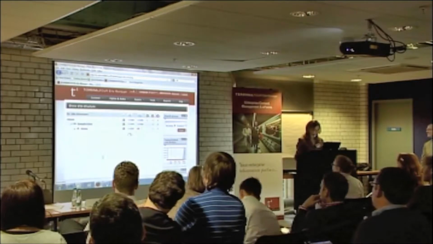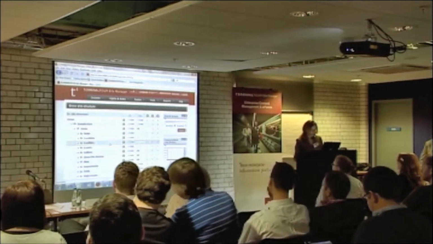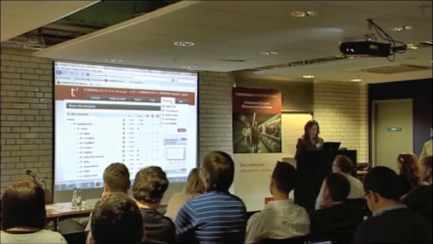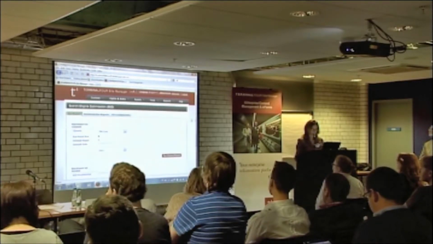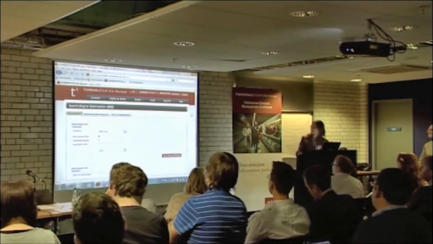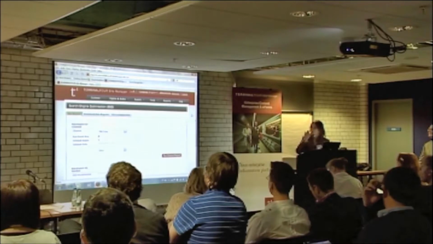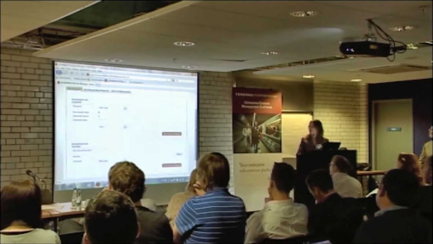So I'm just going to expand the site hierarchy. If we go into reports and SEO report, this is where you will actually get your options to run the different reports. As you can see, there are 2 different reports, reporting on a channel and reporting on an individual section.